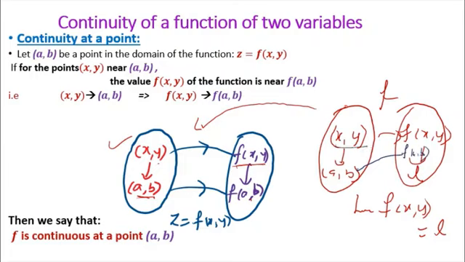As xy has f of xy as its image, ab also will have f of ab as its image, since f is a function. Then this f of ab is equal to L, the limit we were talking about in the limit. If this limit itself is the image f of ab, then you call that function a continuous function. So let me draw again and make it more clear.